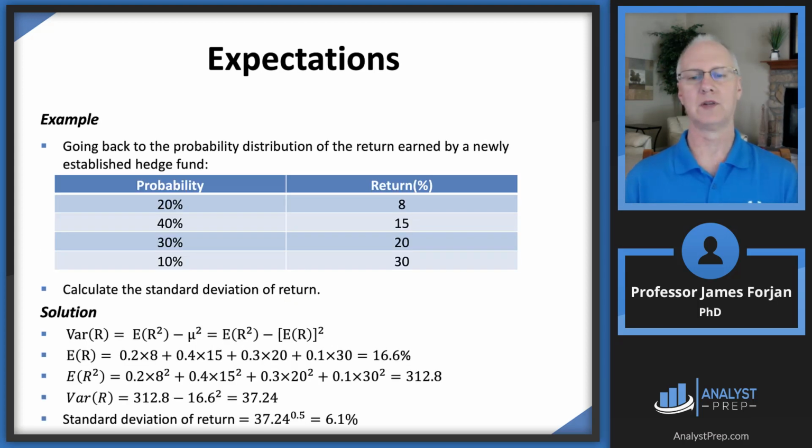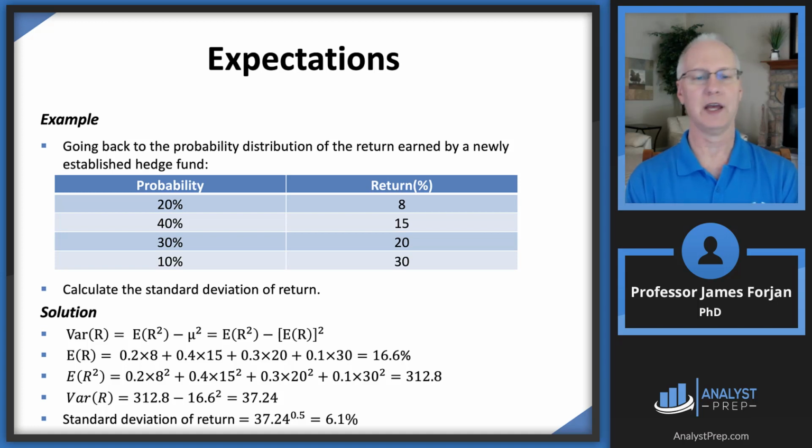All right, so let's take a quick example here. Let's go back to our hedge fund. There's the distribution again. Let's go ahead and recompute the mean. There's that 16.6%. And then let's calculate the expected return squared. So we take that 20% probability times 8 squared, and then a 40% probability times 15 squared, and so on. And we get 312.8.